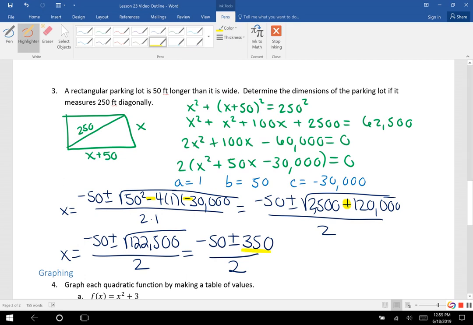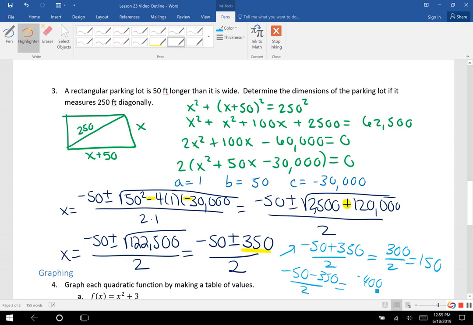And so once again, it looks like we've got two possible solutions. Minus 50 plus 350 divided by 2 is 300 over 2, or 150. Minus 50 minus 350 over 2 would be negative 400 over 2, or negative 200.